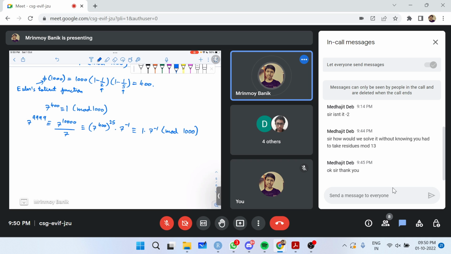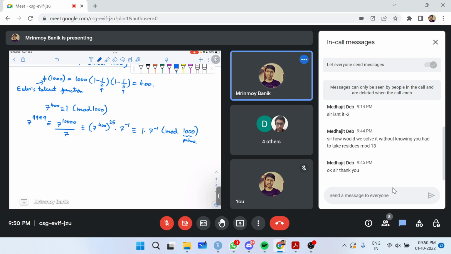We need to find the multiplicative inverse of 7 modulo 1000. Now 1000 is not a prime number, so the multiplicative inverse does not exist for everything modulo 1000. 7 has to be in the reduced residue class of 1000, but you see, 7 is already in the reduced residue class of 1000.